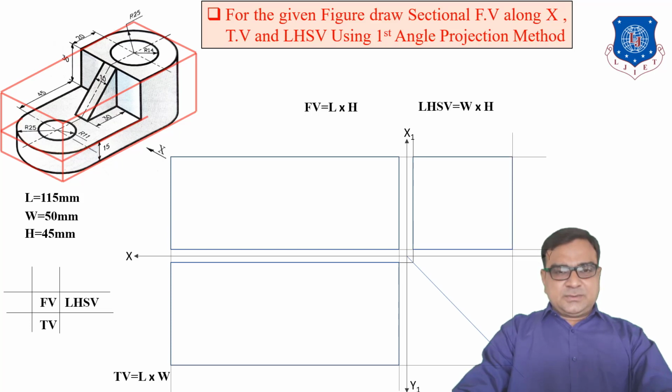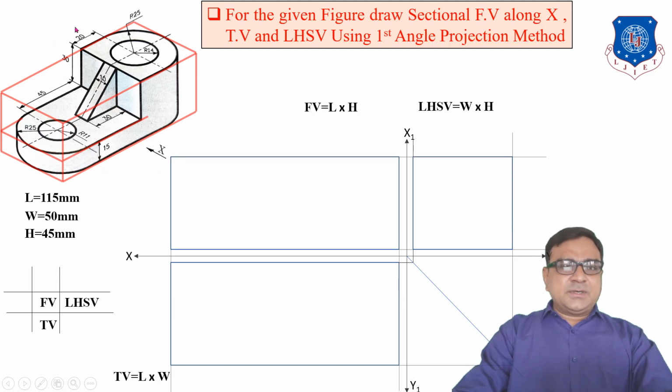So these are the blocks for the front view, top view and left hand side view. Front view is a rectangle of length and height, top view length and width, and left hand side view is width, meaning 50 mm, and height 45.